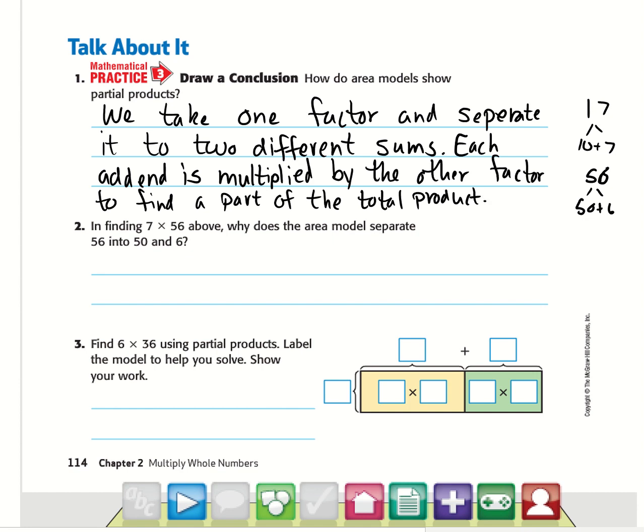So in finding 7 times 56 above, why does the area model separate 56 into 50 and 6?